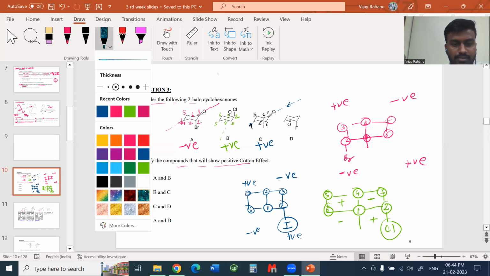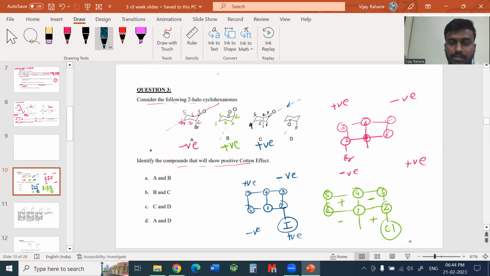Let's take this color, and here we directly see from this side. I will solve it here, right? Let's give numbering for carbonyl 1, fluorine 2, 3, 4, 5, 6.